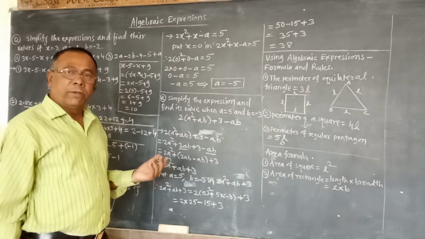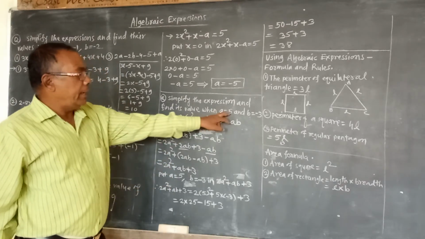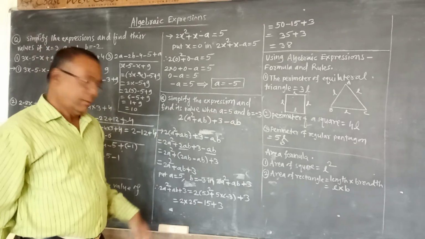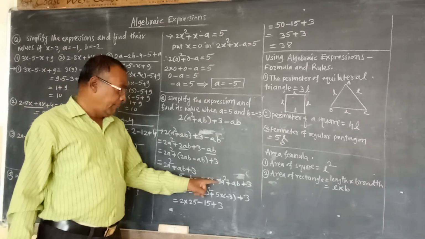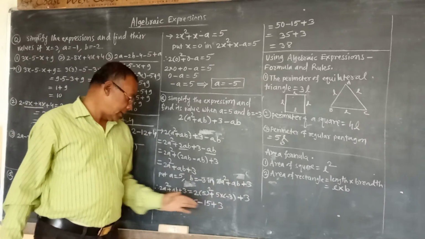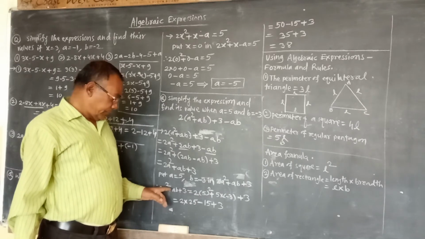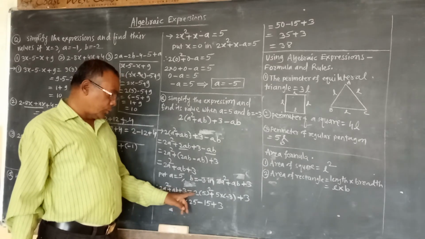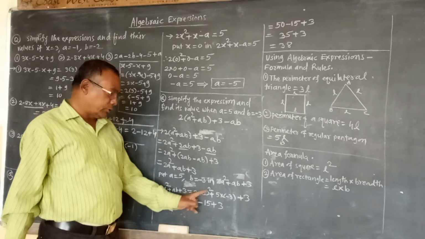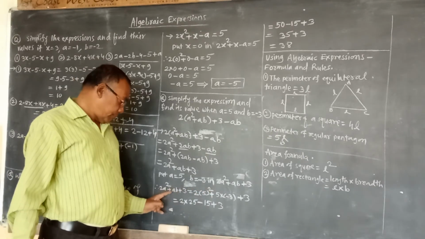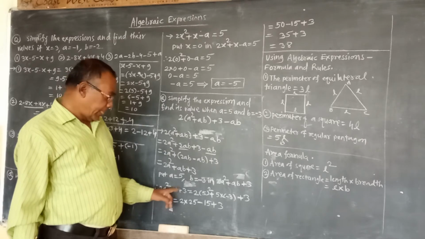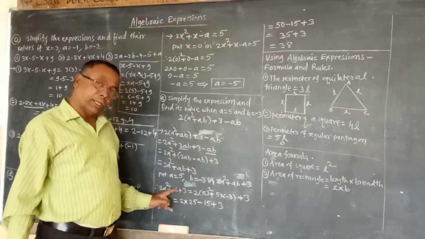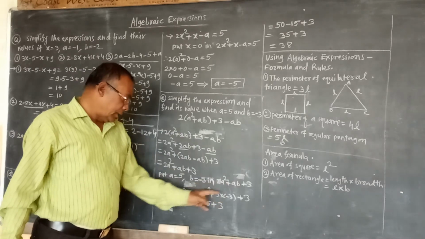And now we will substitute the values of a and b respectively 5 and minus 3 in this expression. Put a is equal to 5 and b is equal to minus 3 in 2a square plus ab plus 3, and therefore 2a square plus ab plus 3 is equal to 2 into bracket a square means 5 square plus ab, a is 5 into b is minus 3 plus here 3 as it is.